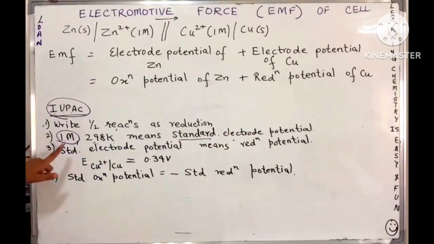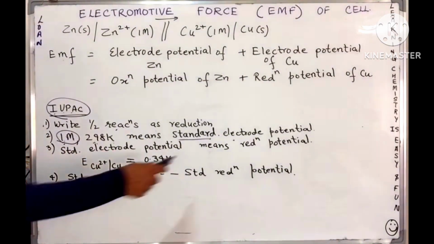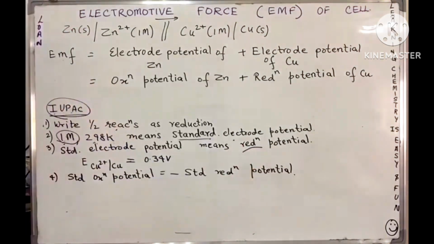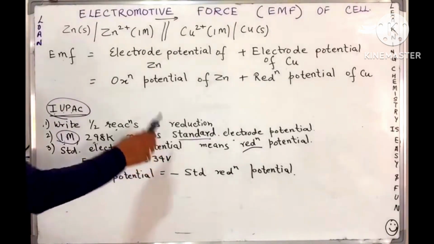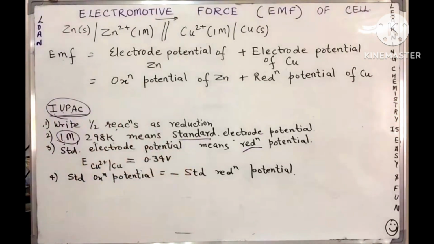Third, when I am using the word standard electrode potential, I will mean reduction potential unless I specify that I am talking about standard oxidation potential. Otherwise, if I am using the word standard electrode potential, it means reduction potential.